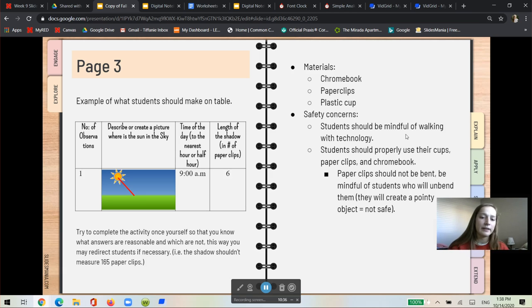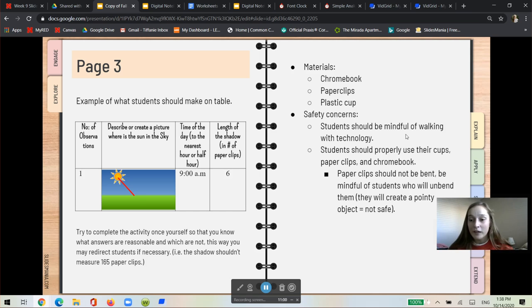I'm going to add this because I just happened to see it. If you are a teacher that's going to incorporate this, or if I was going to actually incorporate this into a classroom, I would want to make sure to do it myself first so that I know what reasonable answers I should be looking or listening for. So for example, here I have that the shadow shouldn't measure 165 paper clips.